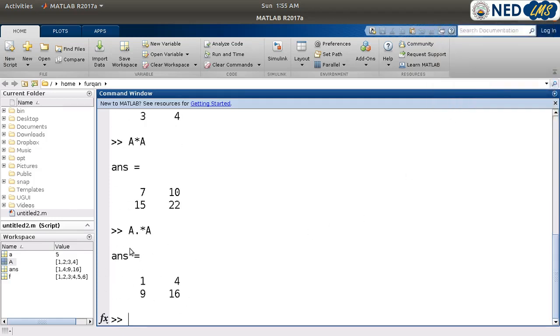In this operation, no matrix multiplication rules are applied, which is that the columns of one matrix must equal the rows of the other. However, in the asterisk operation, the matrix multiplication rule must be followed. Now let's go back to the manual again.